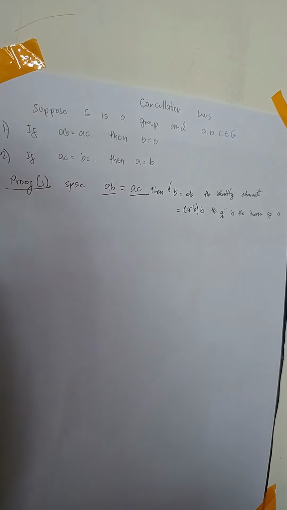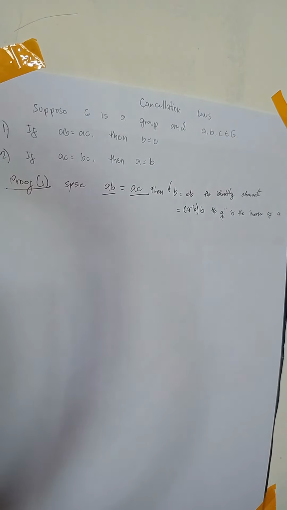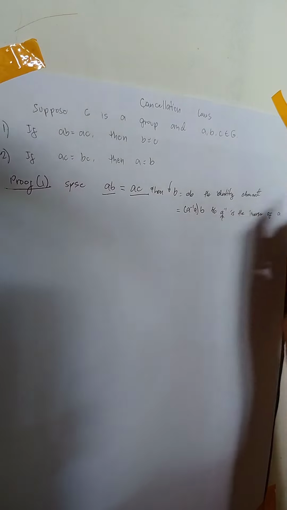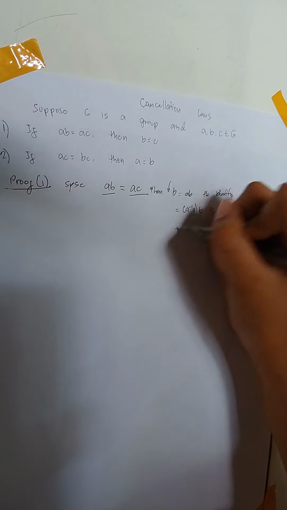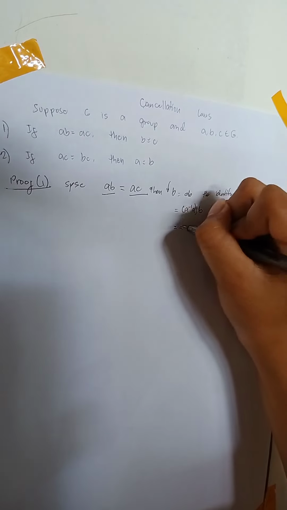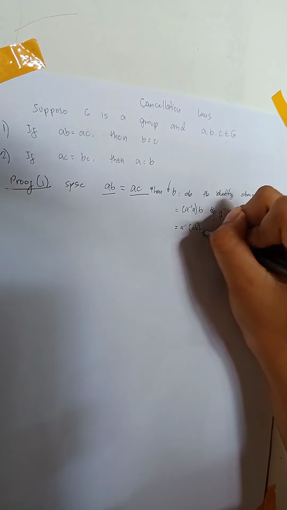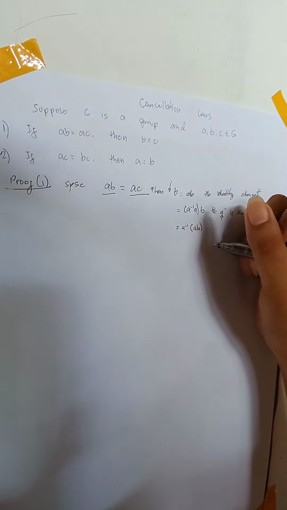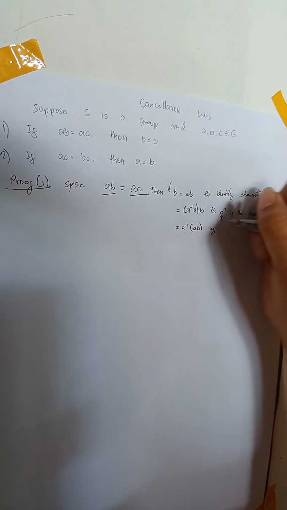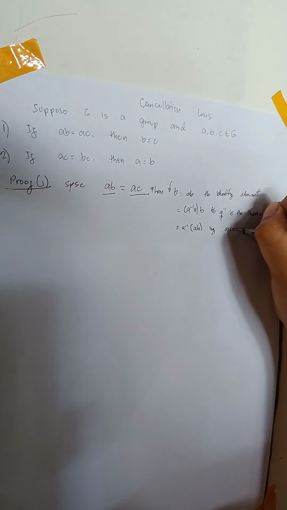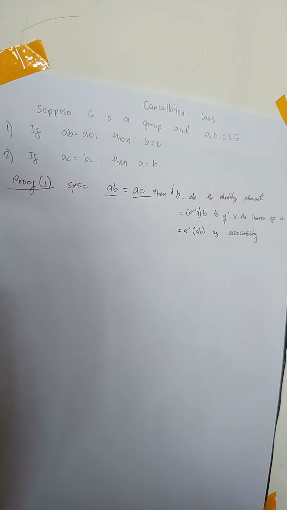Then we can use associativity to write this as A inverse times parenthesis AB. This is by associativity. And we know AB is equal to AC, that's by hypothesis.